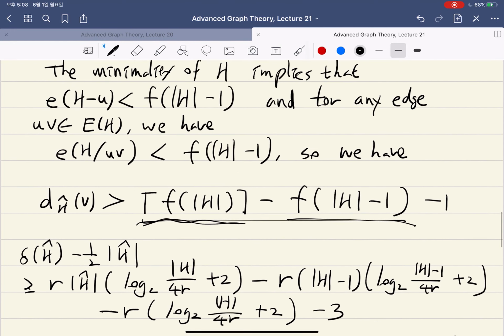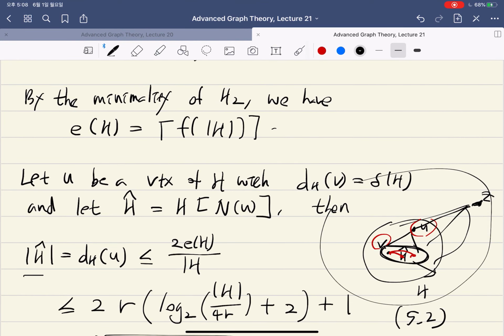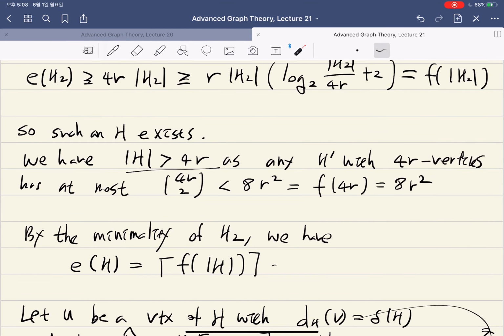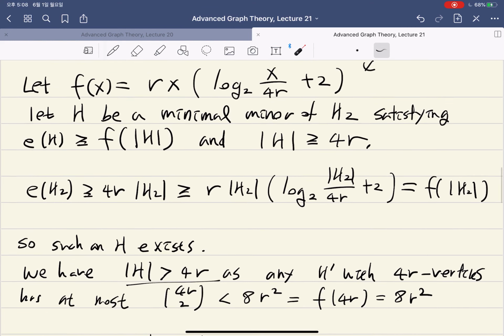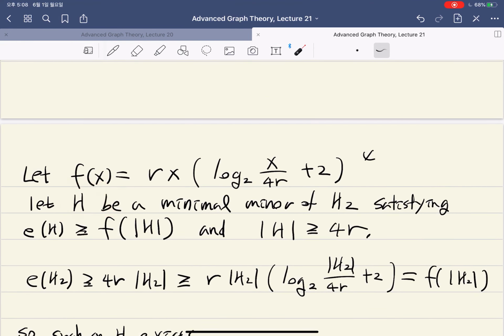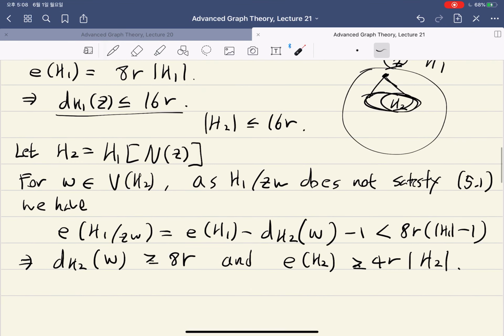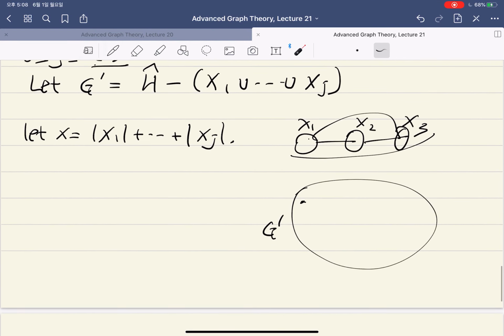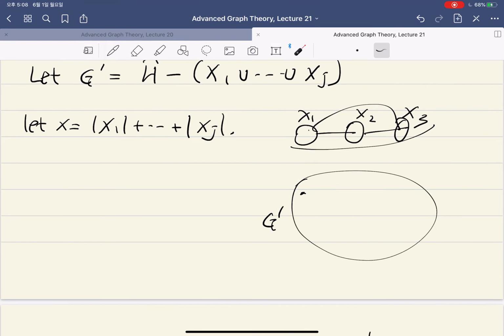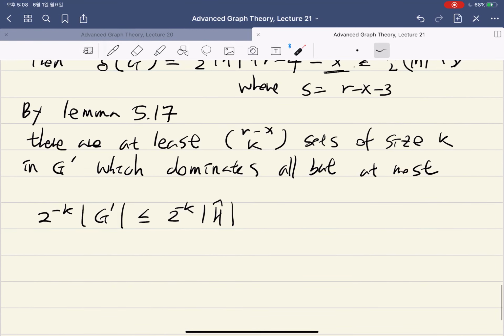But H hat has size at most, what do we know? H hat is smaller than, say, this H, but H has at most size 16r. So 2 to the, say, 4 minus k times r. So this has size at most 16r, so we know this.